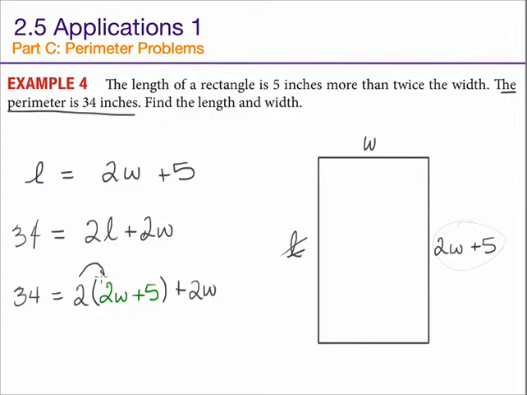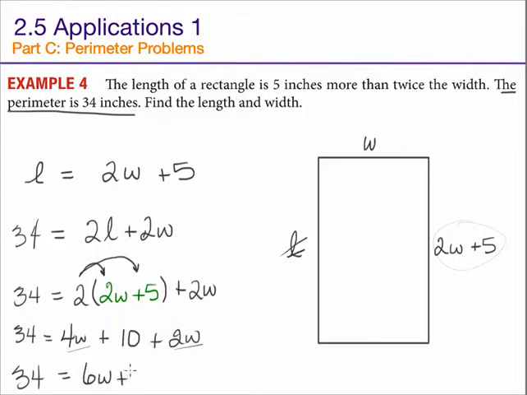Using distribution first to get rid of my parentheses, I can rewrite this equation as 34 equals 2 times 2W plus 2 times 5 plus 2W. Combining like terms, I get 34 equals 6W plus 10.